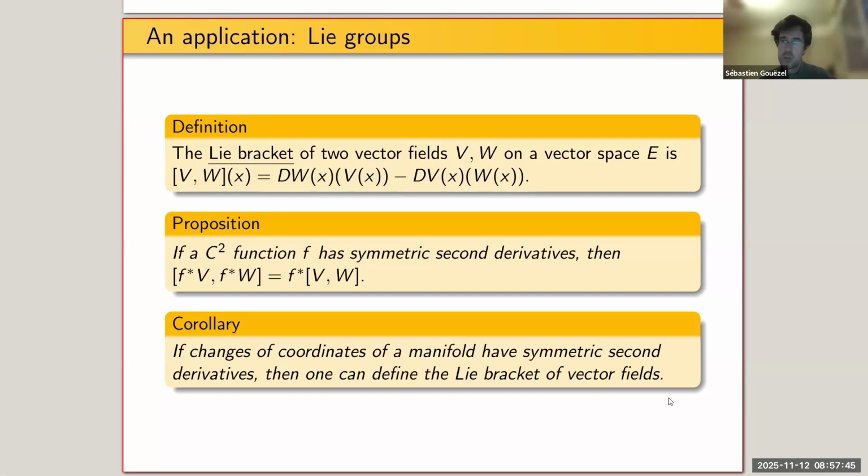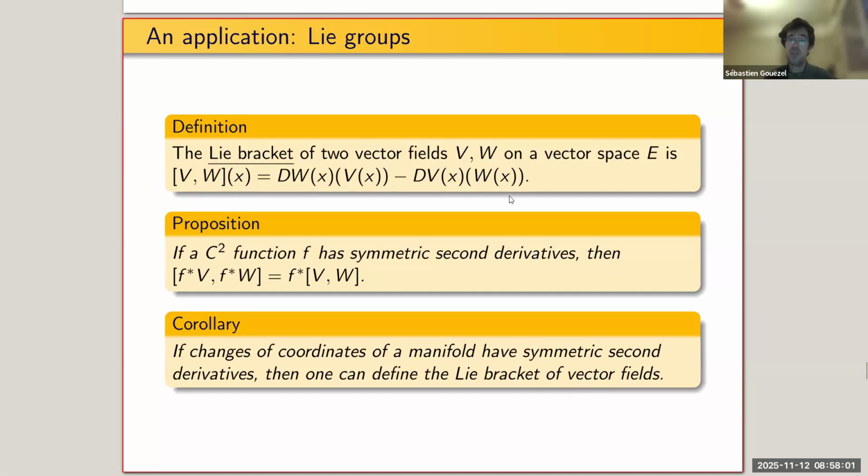There are several definitions of the Lie algebra of a Lie group, but one way is to go through the Lie bracket of vector fields. So how do you do that? First, you define the Lie bracket of vector fields on a vector space. Here, you just take a formula.